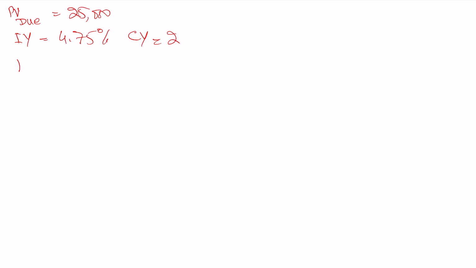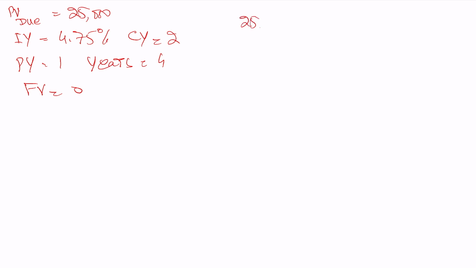Now PY is equal to 1, years is 4, and FY is equal to 0. Now what we have to figure out is the PMT. First we have to figure out the PMT. So how do we find the PMT?